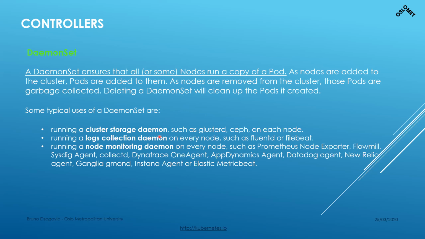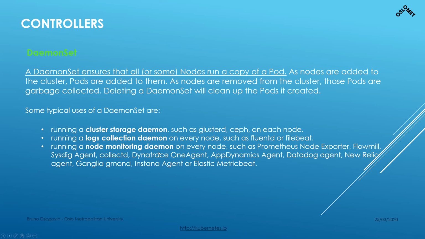Their typical uses, this is just some examples, running a cluster storage daemon. So you can use Ceph. I can show you this in 3 weeks when we start learning about Ceph storage. And running logs collection daemon or node monitoring daemon. I will show you later how you can run the whole Elastic Stack with just one command. So you can collect logs, you can monitor logs with Prometheus.